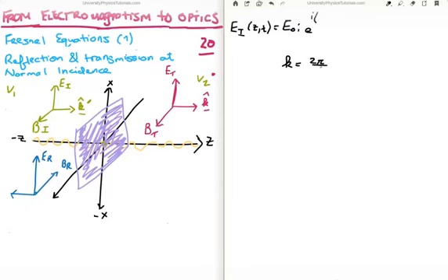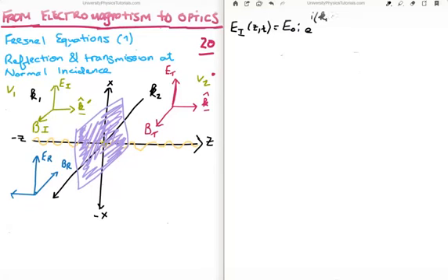We know that the k value is 2 pi over lambda, and the wavelength is in actual fact a function of speed. So because the speed is going to change, the wavelength is going to change, and therefore the magnitude of the propagation vector is also going to change. So for that reason, what we really need to discuss is the fact that we have an initial propagation vector here, and we have a final propagation vector as well.